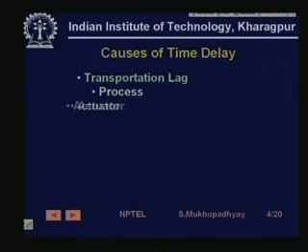So let's first look at the causes of time delay. The main cause of time delay is transportation lag. This is the most common and prevalent type of cause for time delay, because in the industry material has to be transferred from place to place in the course of operation, and material transfer, flow of liquids, movements, these things take time.